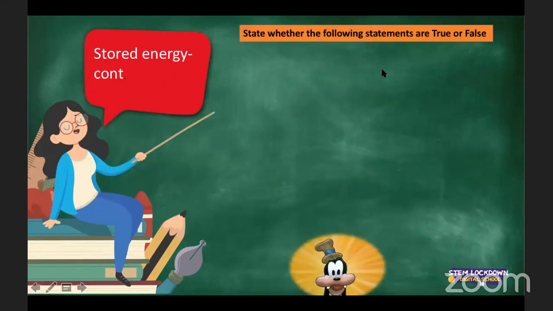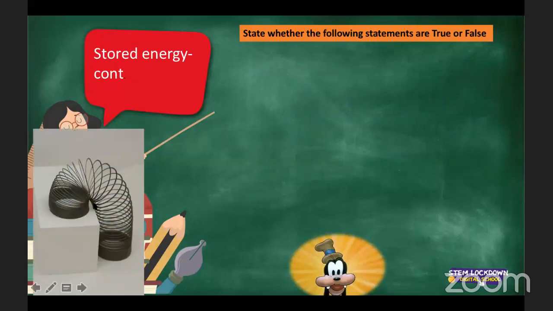So, guys, I want you to state whether the following statements are true or false. We are talking about stored energy. Last week we talked about a pogo stick, and we also discussed a slinky spring.